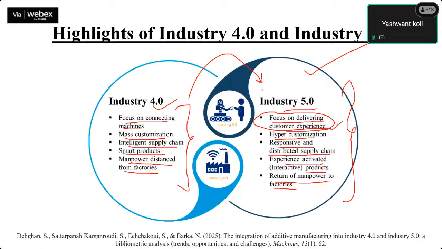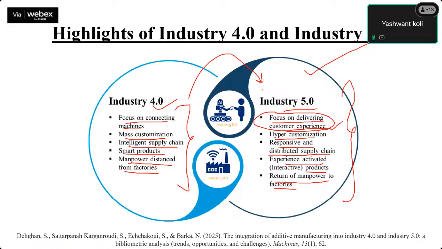So BMW is also using cobots. High-end industries are using Industry 5.0 to give the customer, the end user, the best satisfaction for what they are paying for, the value for money. That is the main thing.